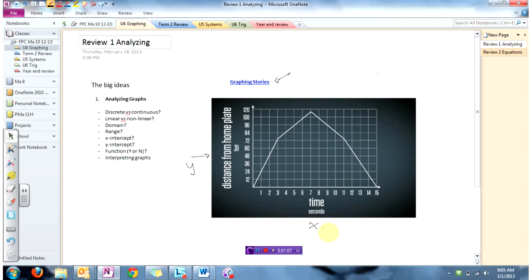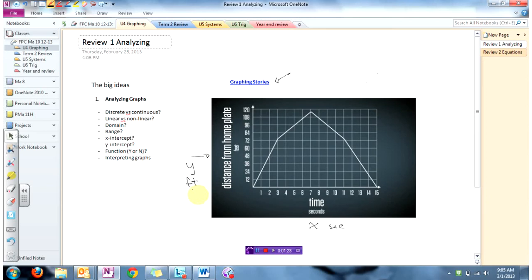So our first description is discrete versus continuous. And you have to ask yourself, when you measure in seconds or when you measure in feet, can you have a partial unit? Could you have 2.5 feet or 2.1 feet? Or could you measure time in fractions of seconds?